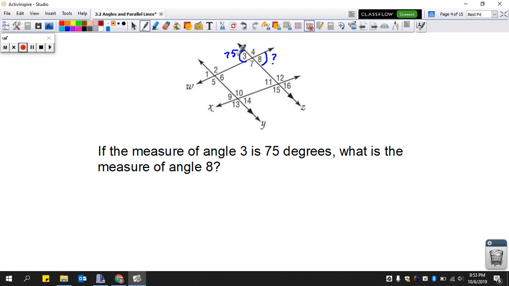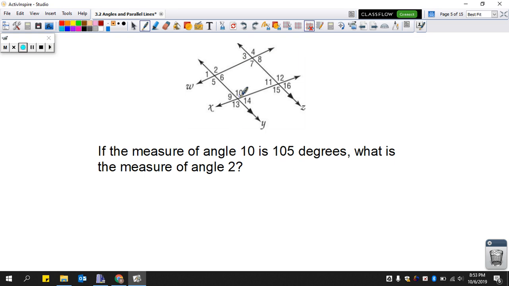If you look at how they interact with each other, these two angles are formed by two lines that cross. So that means these two are vertical angles. Okay. And we talked about just a minute ago that vertical angles are congruent. So that means angle 8 is also 75 degrees because congruent angles have the same measure.